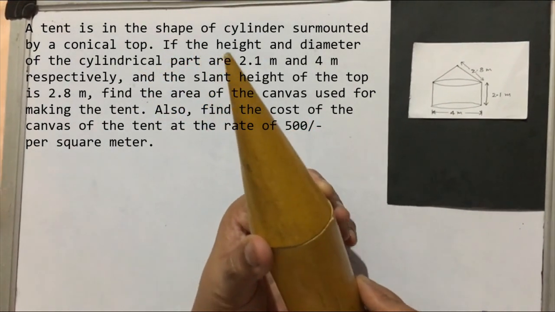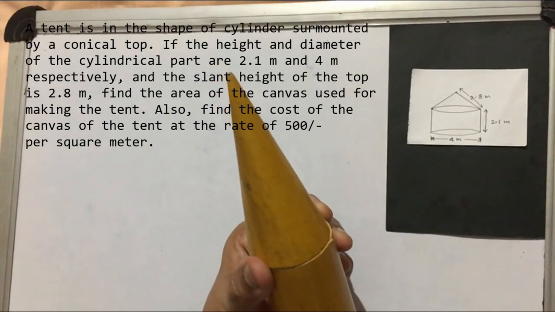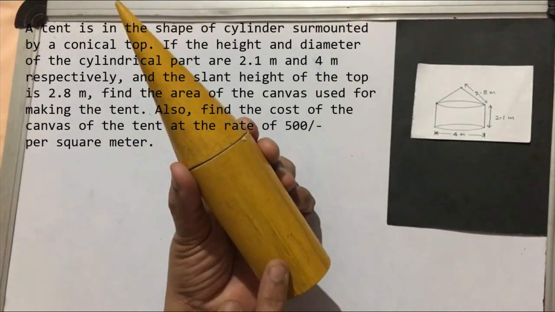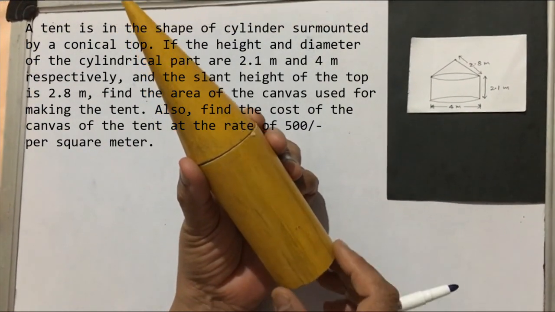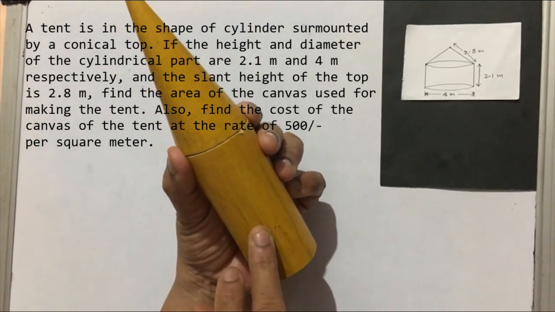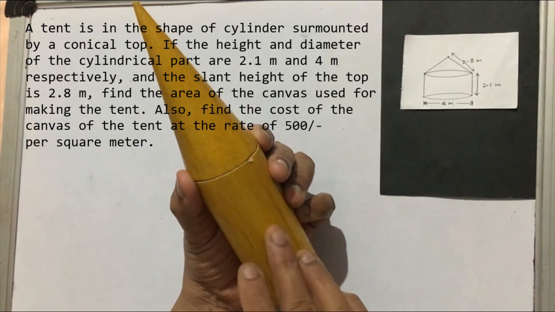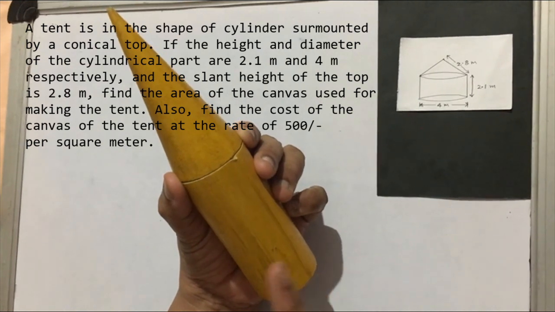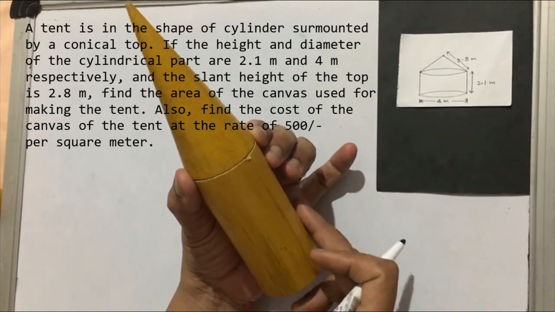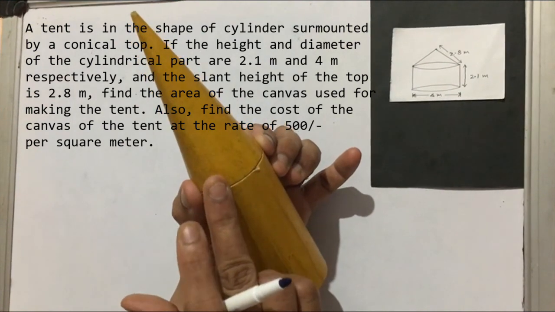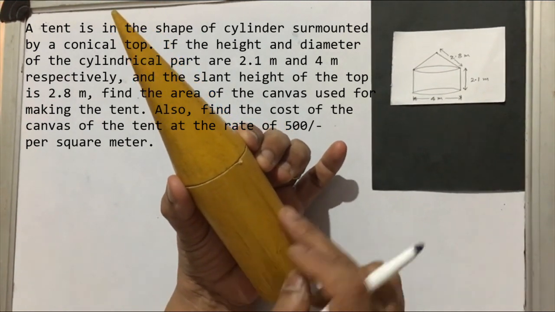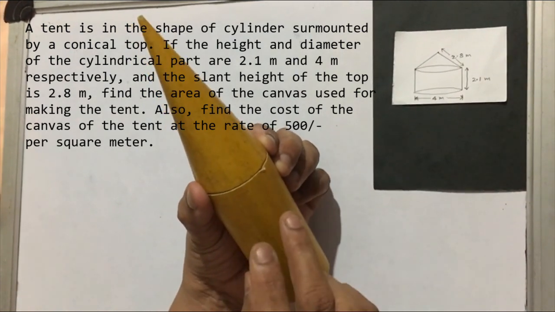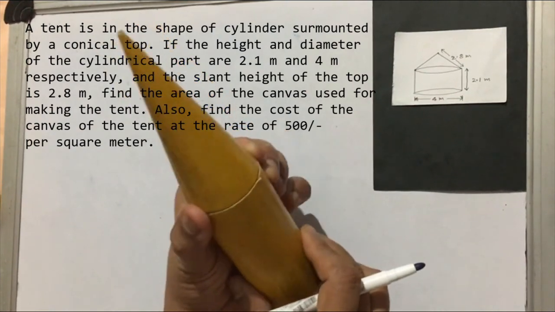They are asking to find the cost of the canvas of this tent at the rate of 500 rupees per square meter. Then first of all, you have to find the area of the canvas required for making this tent. Here we know very well the canvas is not required for the floor, only for the cylindrical body part as well as the conical top. So, we have to take the CSA of a cylinder plus the CSA of a cone to find the area of the canvas cloth used for making the tent.